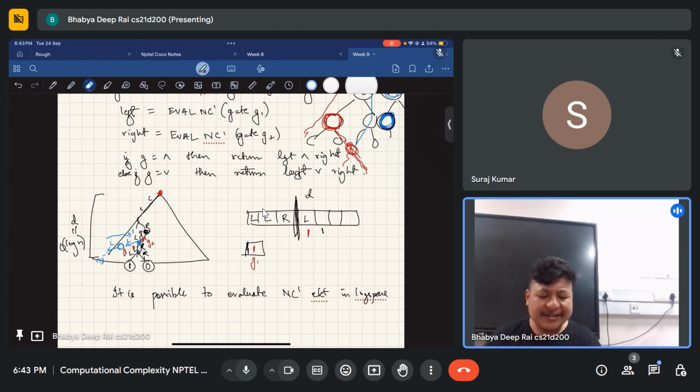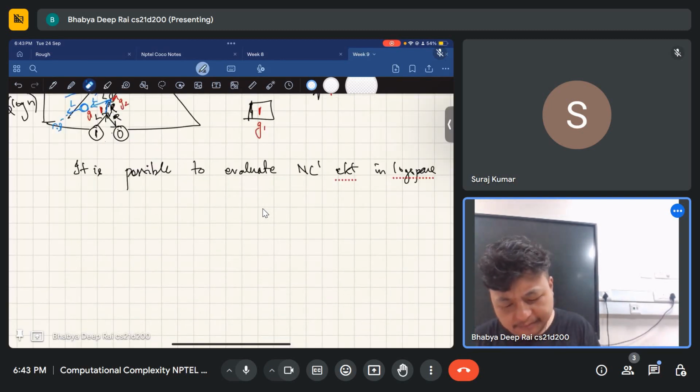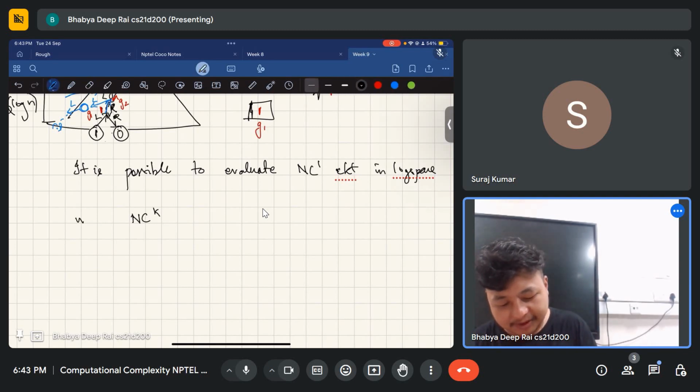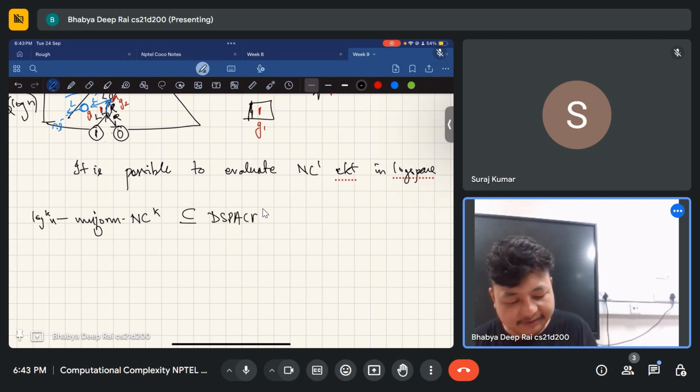So you can even generalize this idea to say that NC^k, log to the k uniform NC^k of course, is contained in D space log^k.